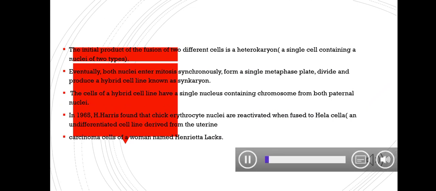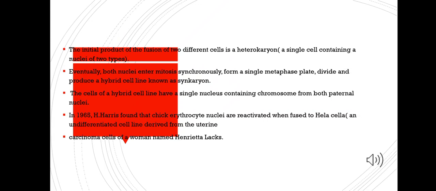The initial product of this fusion of two different cells is a heterokaryon, a single cell containing nuclei of two types. Eventually, both nuclei enter mitosis synchronously, form a single metaphase plate, divide and produce a hybrid cell line known as a synkaryon. The cells of the hybrid cell line have a single nucleus containing chromosomes from both parental nuclei.